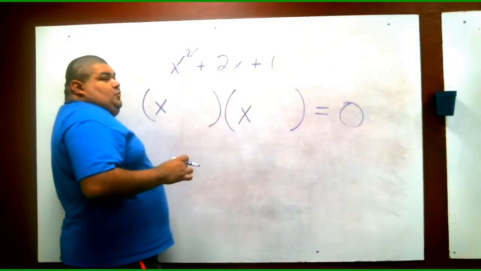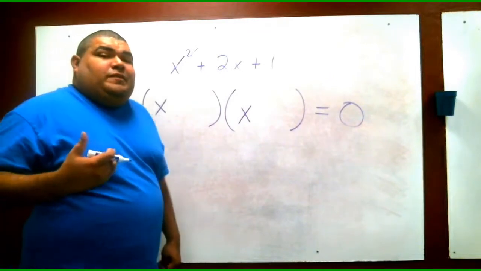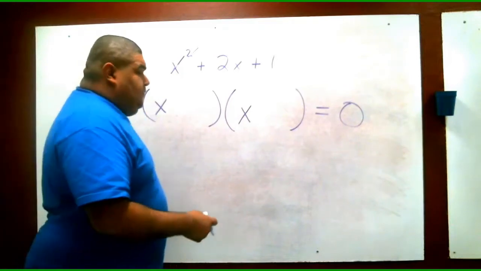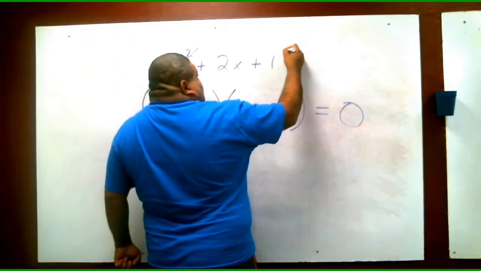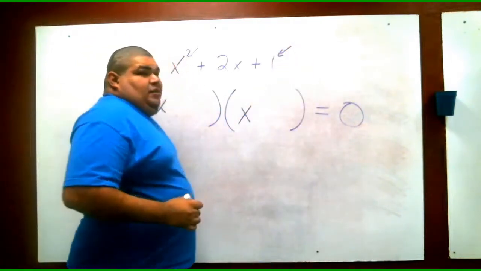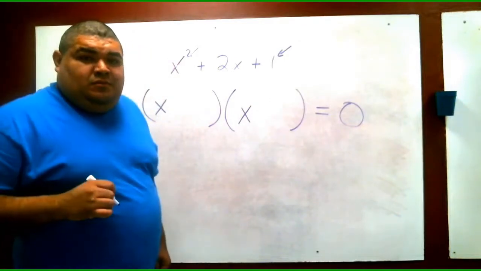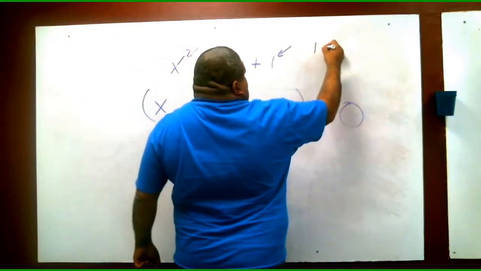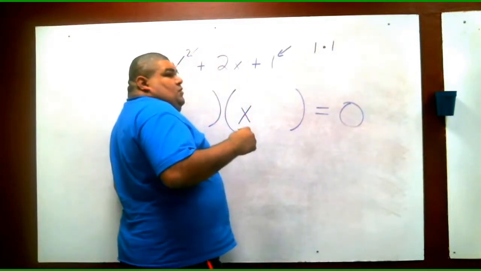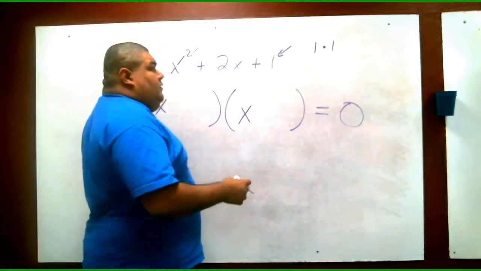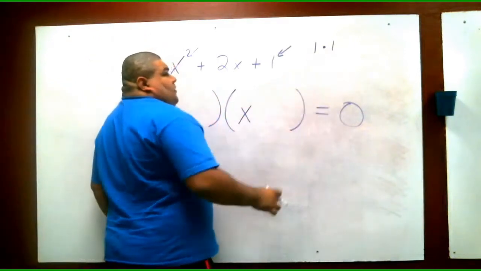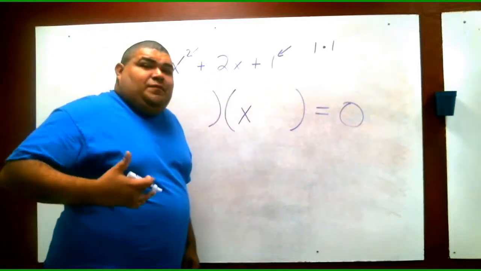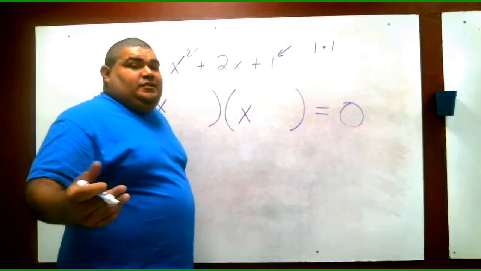For the next part, the 2x, in order to arrive at 2x, we have to look at the last number, the c, the constant, okay? 2 numbers that you multiply to give you 1. 1 times 1, right? If you notice, when you multiply those 2 numbers, in order to find the one in the middle, you also have to add the same numbers you're multiplying for the constant, okay?